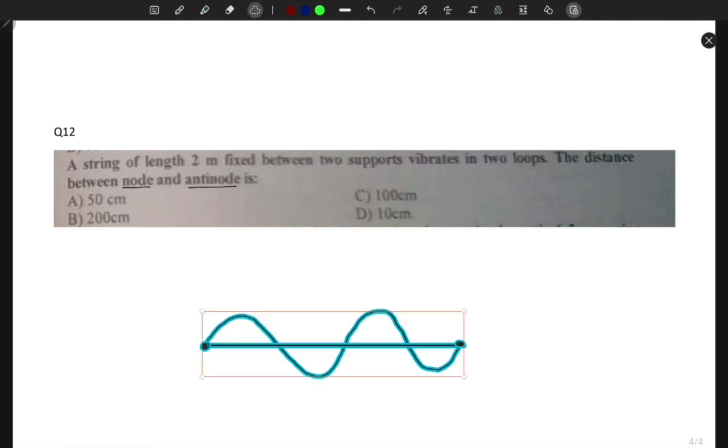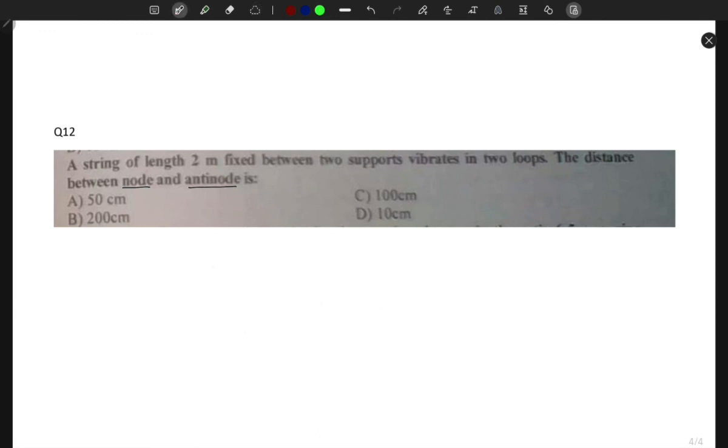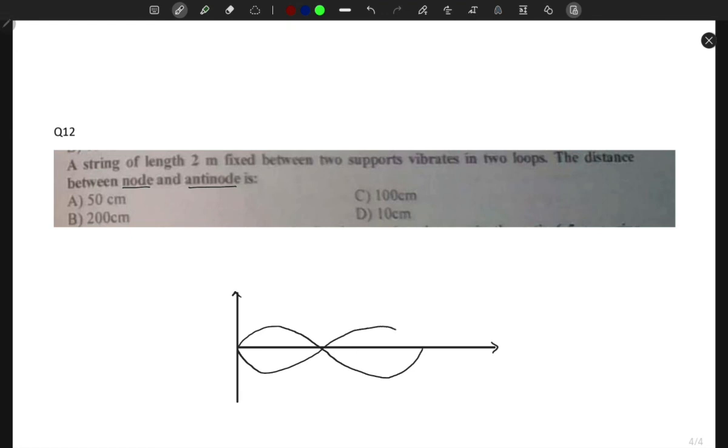By two loops, what it really means is, let's try to be more accurate. Let's draw these axes. So one loop will look something like this. That's one loop. Now the other loop is something like this. So this makes two loops because this is one loop and this is the other loop.